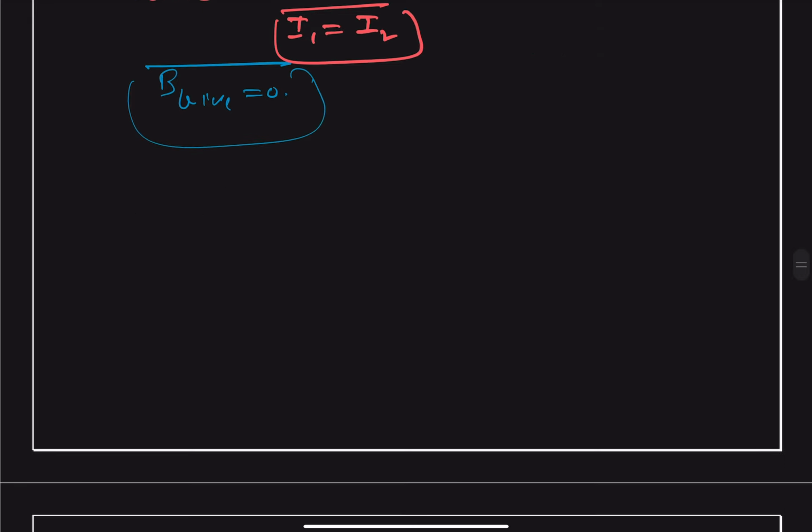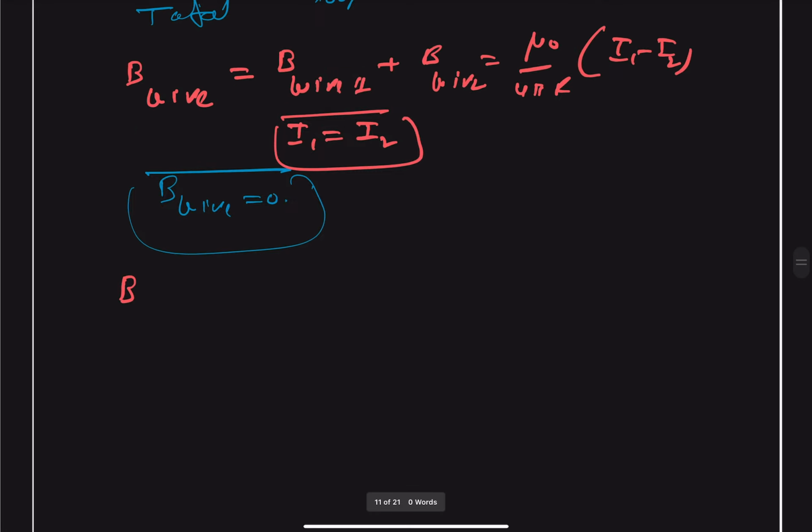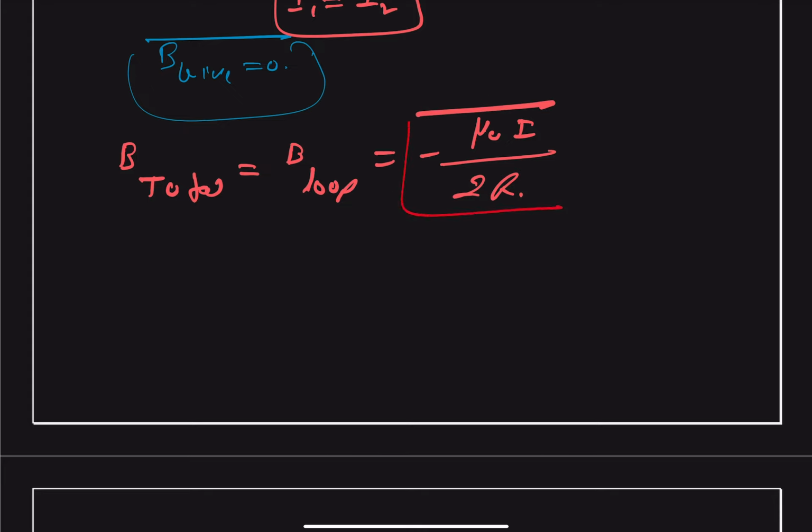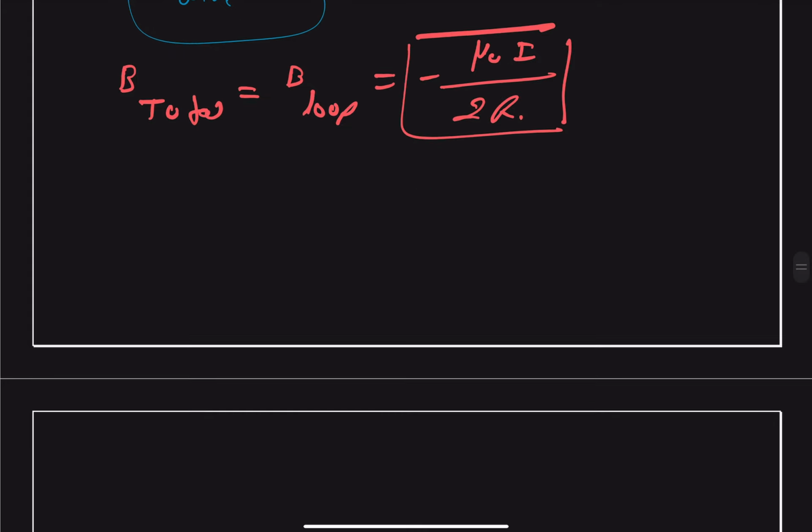Therefore, B total is only B because of the loop, and that is minus mu naught I upon 2 times r. So it means this option is also correct.